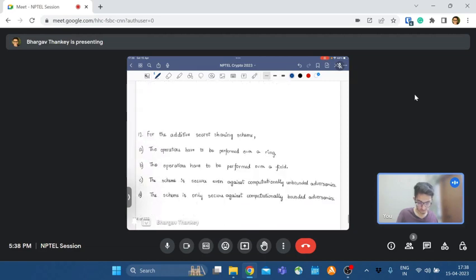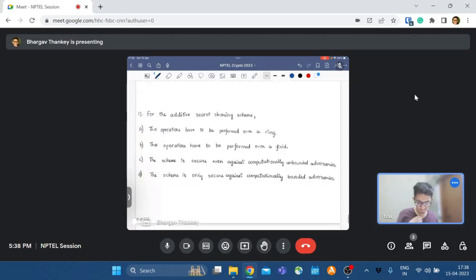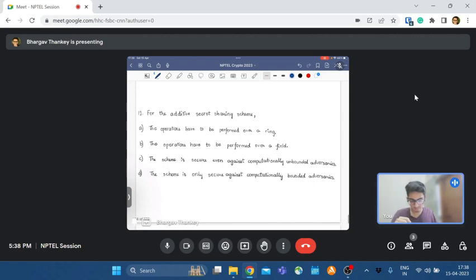Now let's look at the next problem. Which of the following options are correct for the additive secret sharing scheme? Option A is the operations have to be performed over a ring. Option B is the operations have to be performed over a field. Option C is the scheme is secure even against computationally unbounded adversaries.